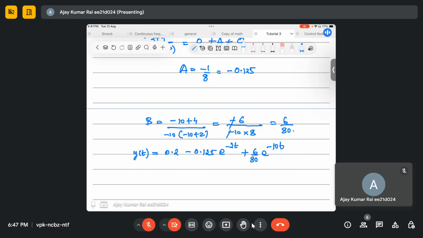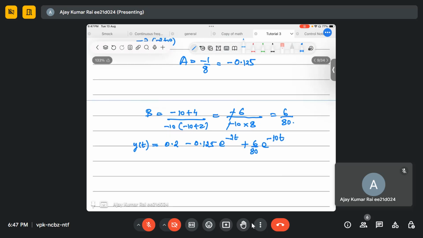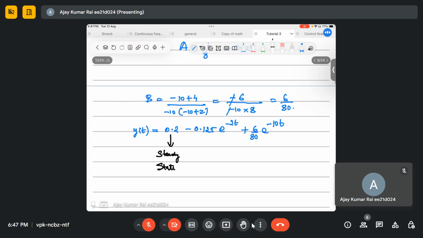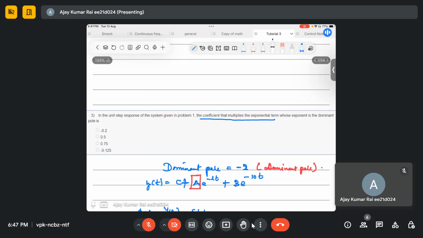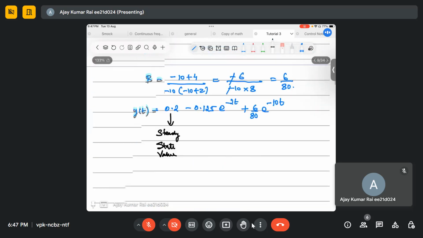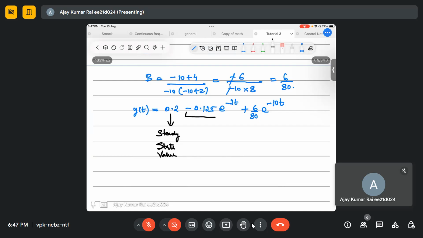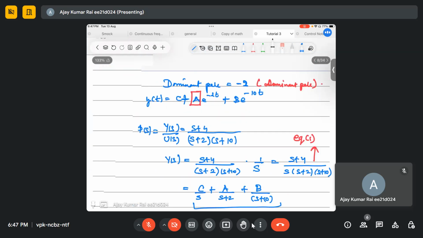Okay, so this is not asked. So this is the steady state value. So what is asked in the question? The coefficient that multiplies the exponential term whose exponent is the dominant pole. So you have to find out this. That is the correct answer.